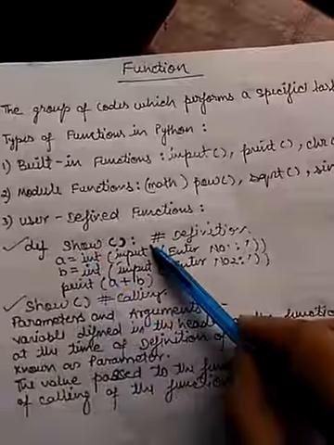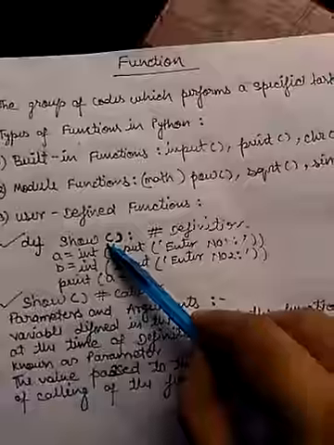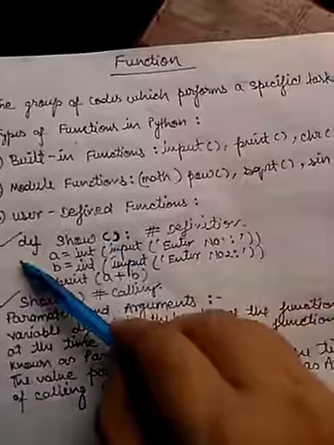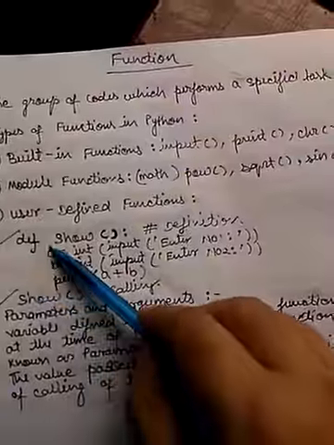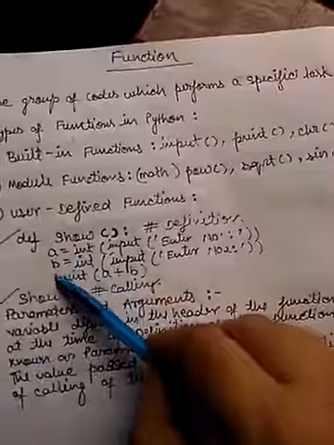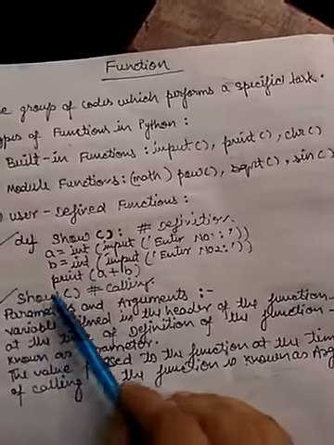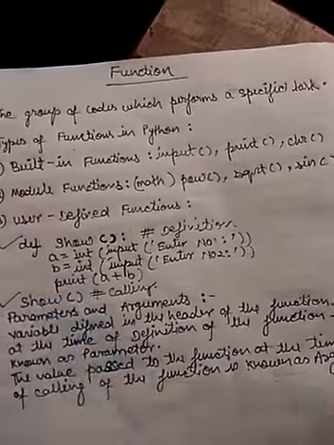Definition of the function starts with the header def and the name of the function. After the indenting of 4 spaces, you can define the code which you want to perform. Calling of the function is done by using the name of the function.